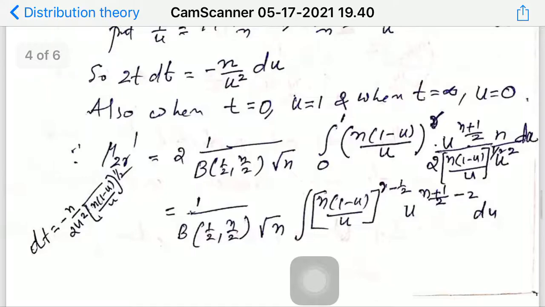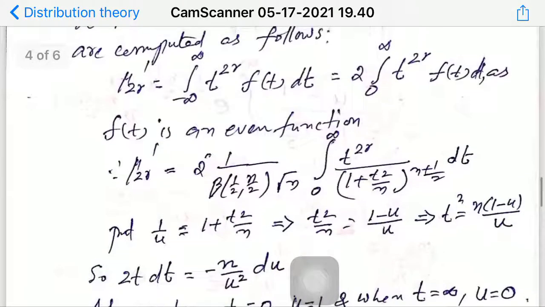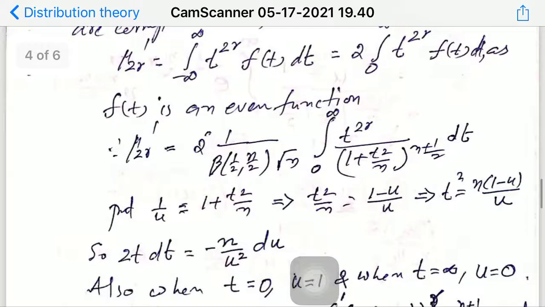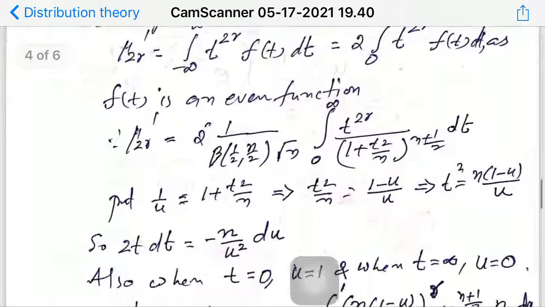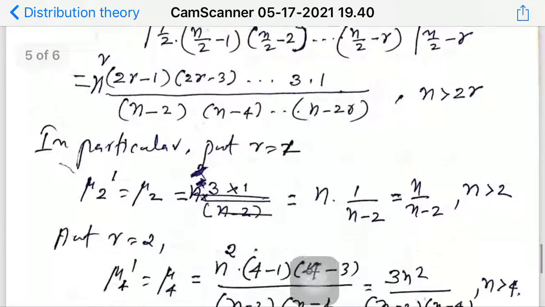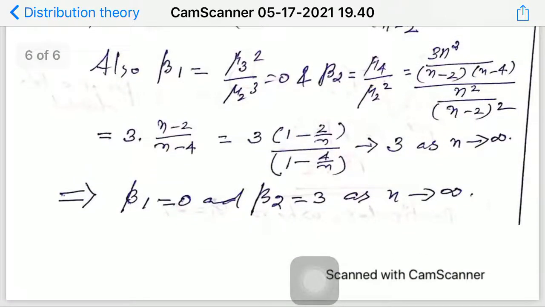All these things are derived using the gamma integral and beta integral. That is why we were discussing these integrals earlier. Okay, thank you.